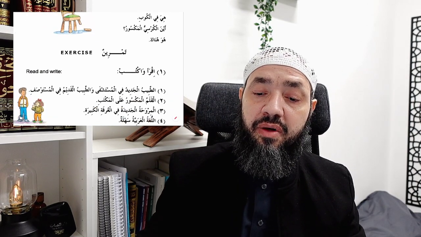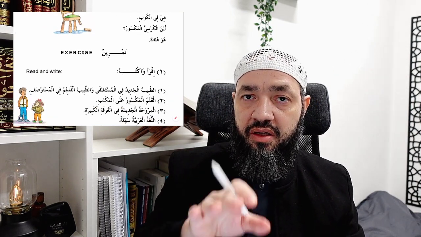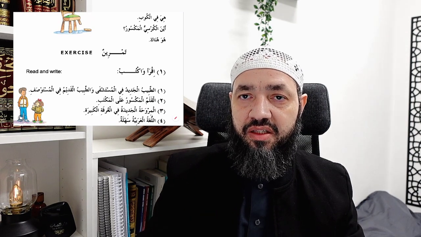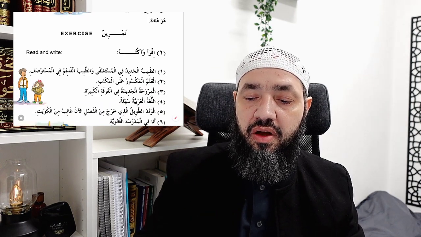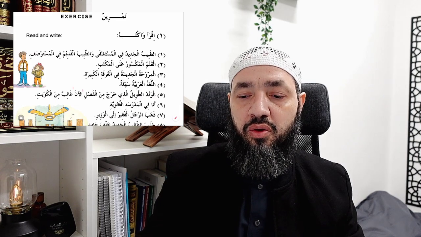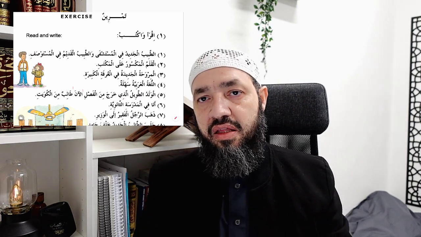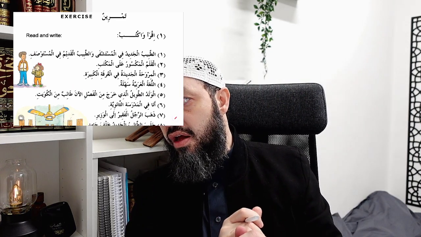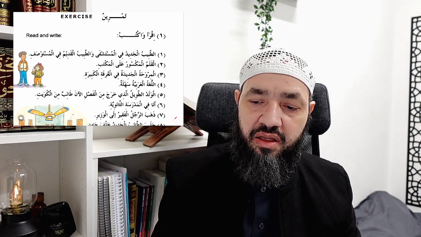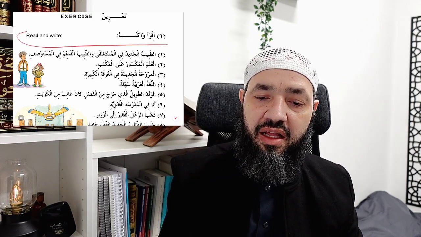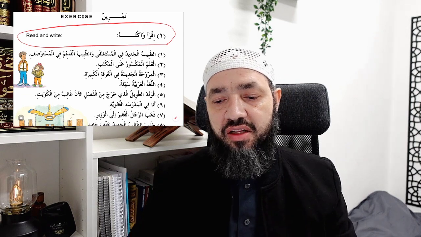That's lesson number 9, the grammar, as well as the vocab, as well as the text. Now, the first 2 exercises, or the main exercises that you're going to have to do for homework, are the reading and the writing. And again, the writing is really important to get handwriting practice.